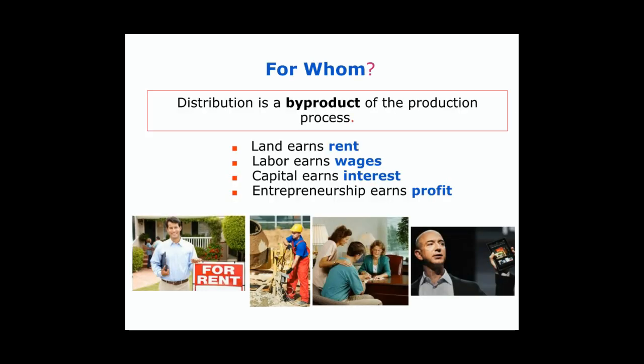And then lastly, for whom? Who gets the goods and services once they are produced? Well, in a market system, distribution is a byproduct of the production process. So landowners earn rent, laborers earn wages, capital providers earn interest, and entrepreneurs earn profit. The distribution, who gets what, is a byproduct of the production process.